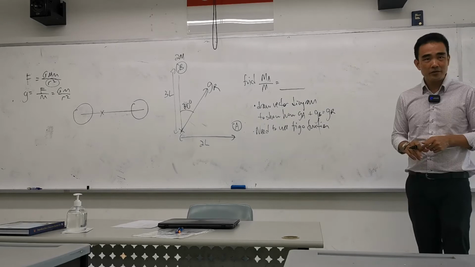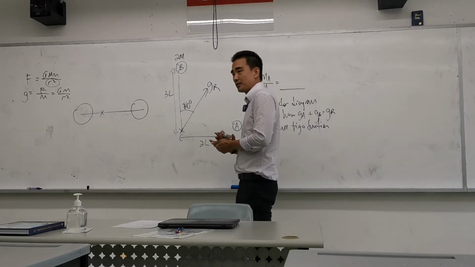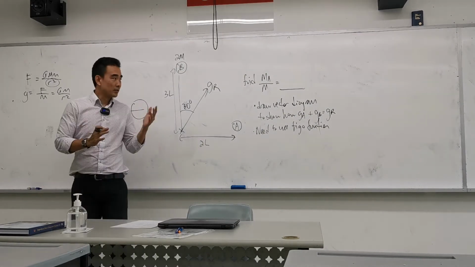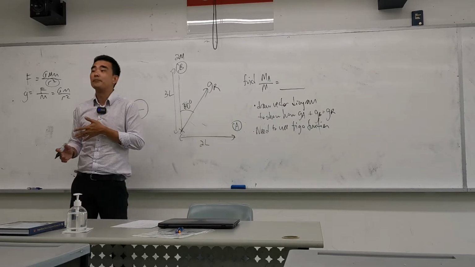So give it a try. I'm going to give you 2-3 minutes to struggle a bit, and I'm going to give you hints as we go along. MA over M means MA in terms of M. So if MA over M equals 4, that means MA is 4M.